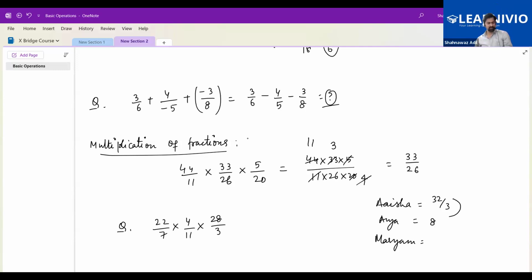Mariam, what are you getting? Sir, I'm not sure. I'm getting a decimal. No, don't write it in decimal. Fractions are enough. Don't convert it into decimal. We're talking about fractions only. Just tell me in fractions.